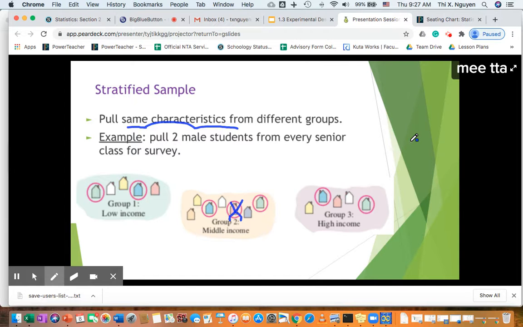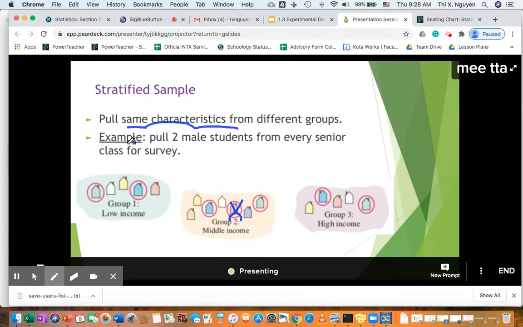I'm going to pull a female student from each grade level to do my survey. Or I can say I'm going to pull 5 female, or I'm going to do 20 female. You decide how many you want to pull, but you're going to do a set for each group, right? The same thing is you collecting money for your advising. Like each you're going to pay me $5. You're going to have a party at the end of the semester. Each you're going to pay me $5. I'm getting the same thing.